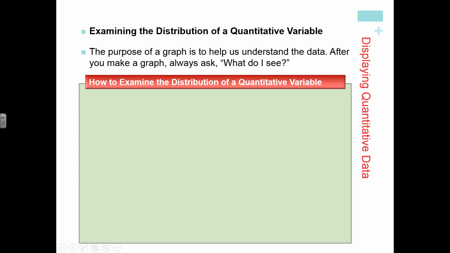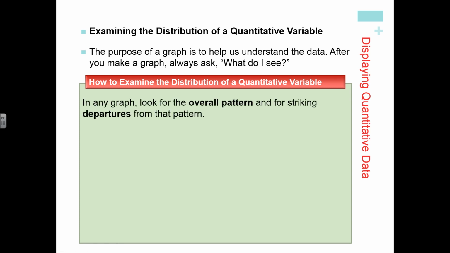Alright, so the purpose of the graph is to make the data easier to understand and easier to read. And any graph that we make or any graph that we look at, we're always looking for the overall pattern of the graph, and then we look for any striking departures from the pattern. So we look for the pattern, and then we look at anything that's not of the pattern, that's thrown off from the pattern.